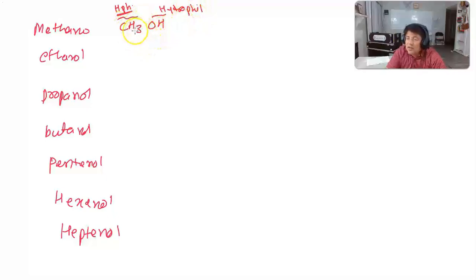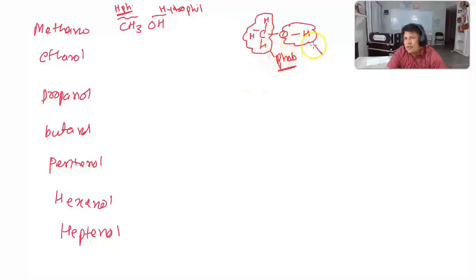This molecule has two parts, CH3 and OH. This is the molecular structure. This part hates the water, and this part loves the water. So this is hydrophobic, and this is hydrophilic. Hydro means water, philic is loving, phobic is fearing. Methanol has one CH3.